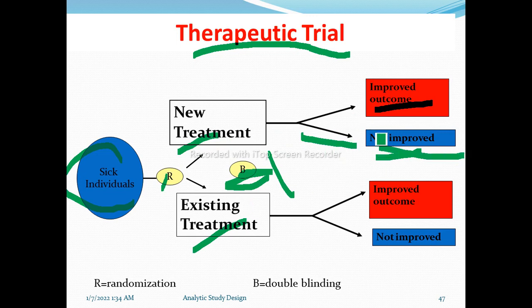Two groups are expected. In the same way, individuals with existing treatment improved, existing treatment not improved. So we do have four types of groups: new treatment improved, new treatment not improved, existing treatment improved, existing treatment not improved.